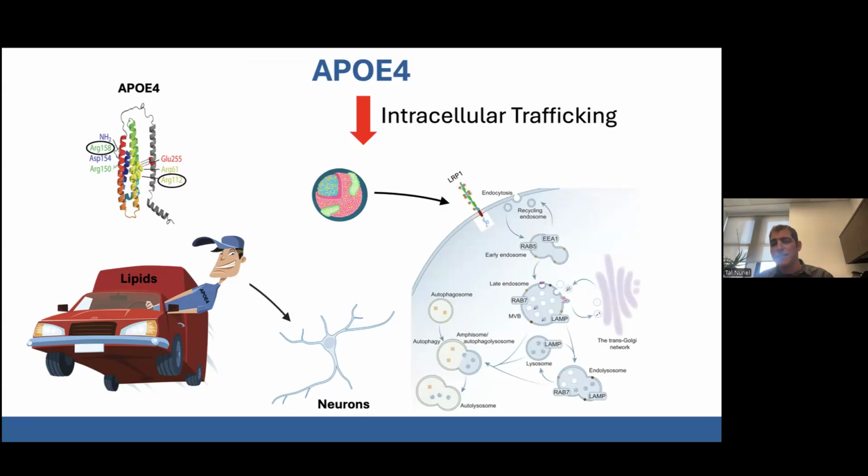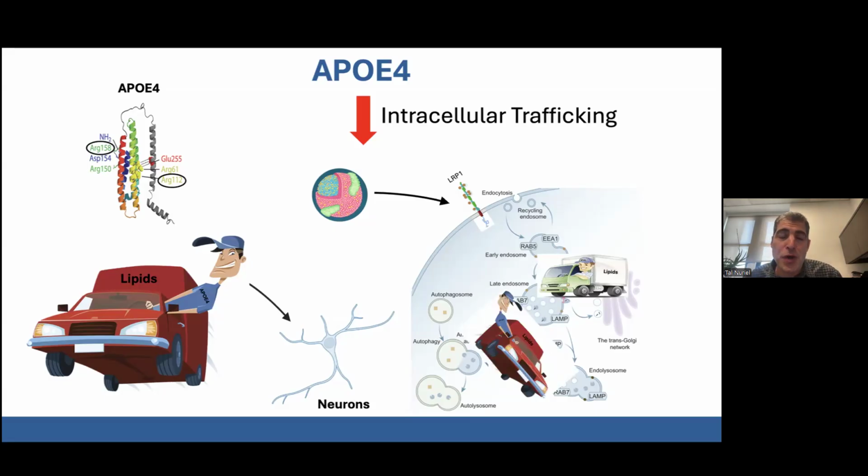In the endosomal-lysosomal system, I think specifically in late endosomes, the lipids get cleaved off, hydrolyzed from the ApoE. The lipids get delivered to where they need to be, and then the ApoE leaves. So ApoE3 does this perfectly well. It enters the cell, offloads its lipids, and leaves exactly how it's supposed to.